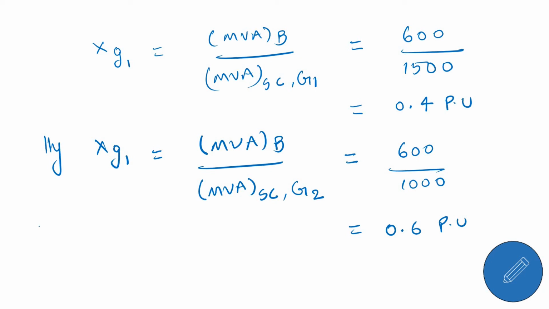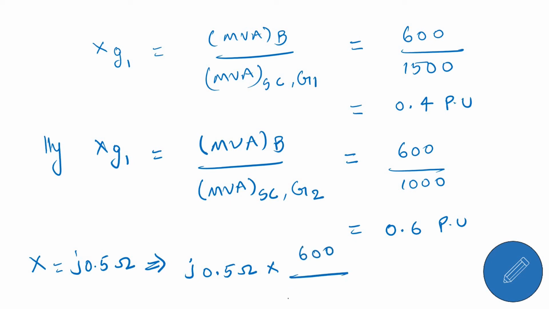Then what about the cable? Cable reactance is given as J0.5 ohms. I want to convert this into per unit. So what is the formula for that? X per unit is equal to X in ohms into MVA base by kV base squared.